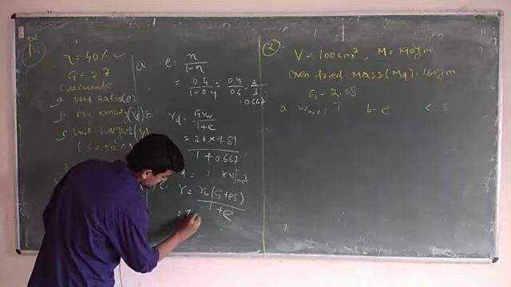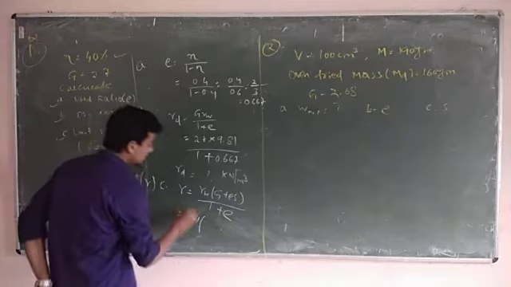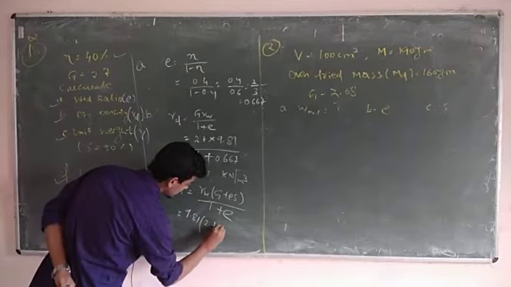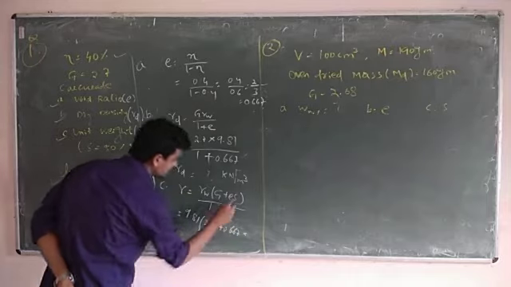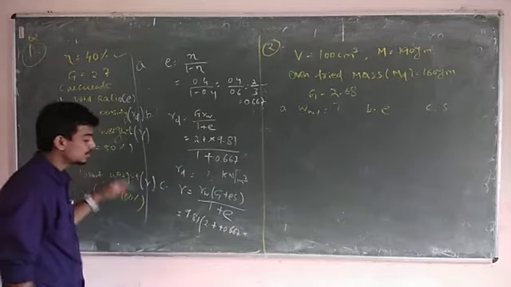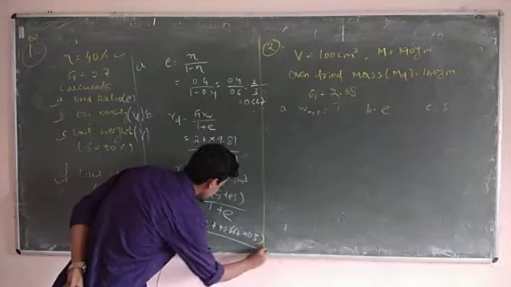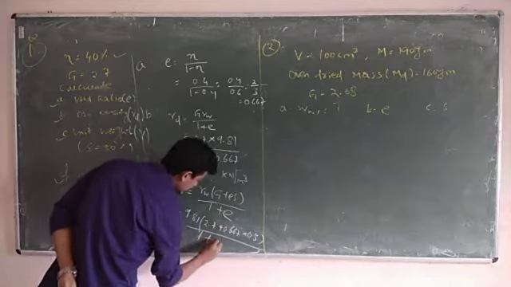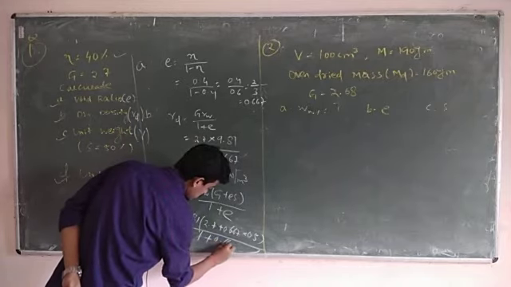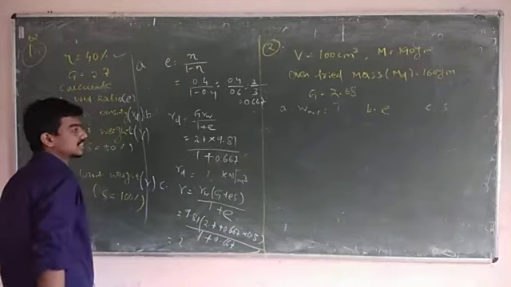Gamma w is 9.81, G, specific gravity, is 2.7, e is 0.667, degree of saturation is 50%, so 0.5, by 1 plus e, that is 0.667. Whatever the answer is, that will be your answer for part C.